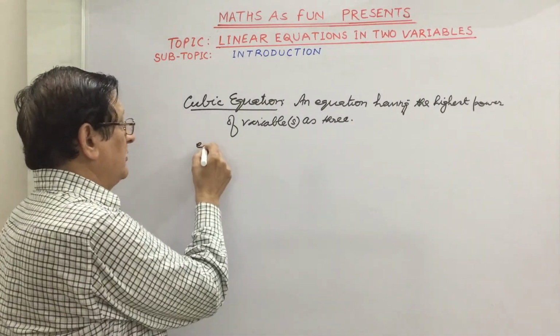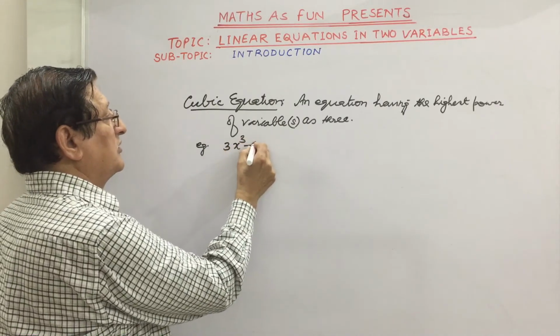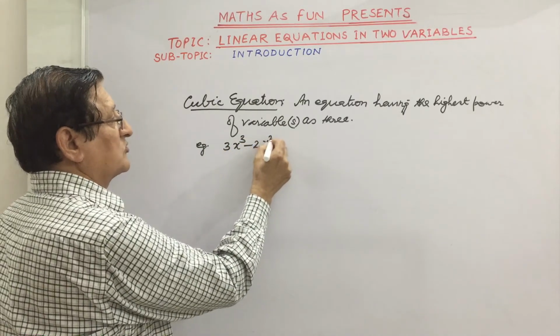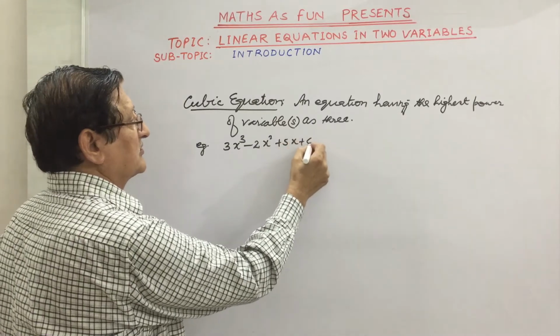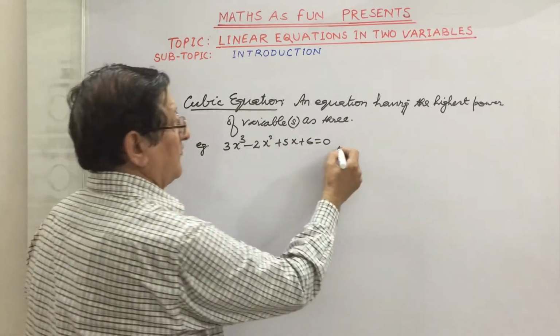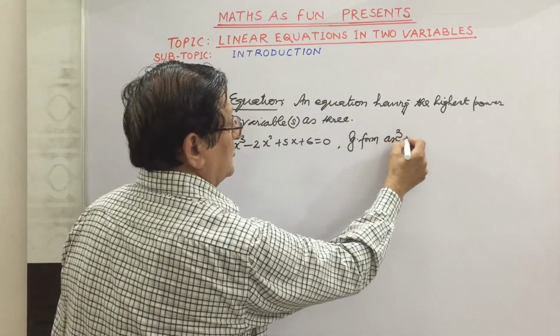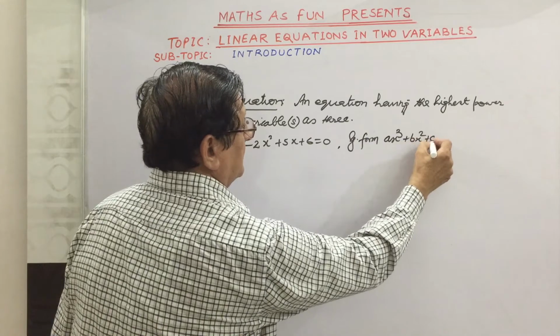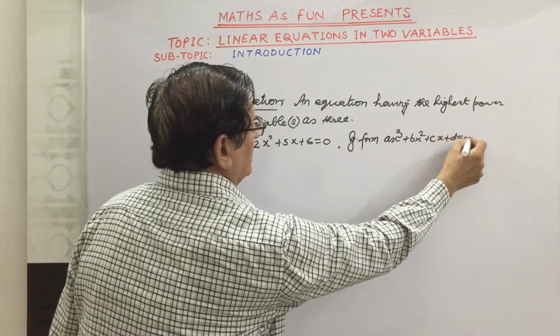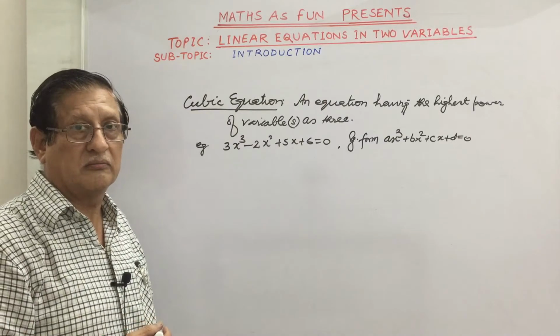For example, suppose 3x cube minus 2x square plus 5x plus 6 equal to 0. And the general form of this can be given as ax cube plus bx square plus cx plus d equal to 0. This is in one variable.